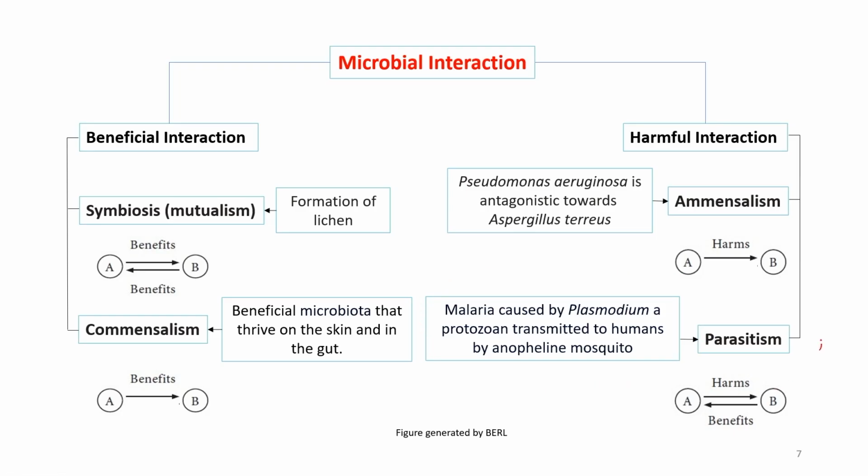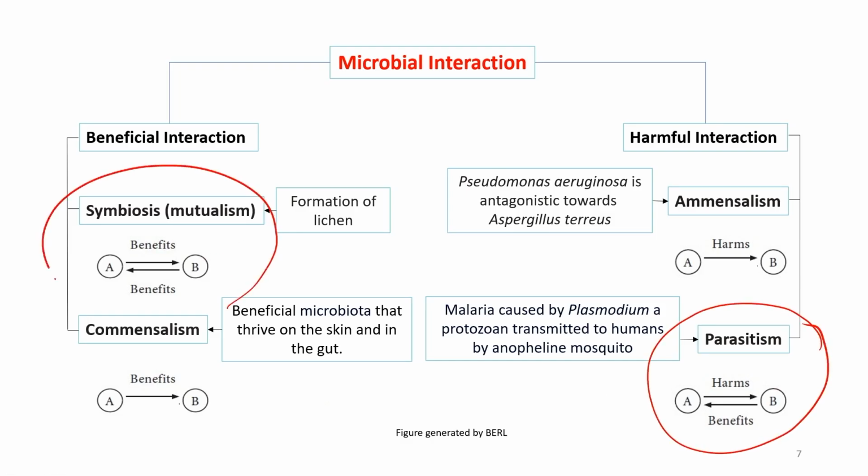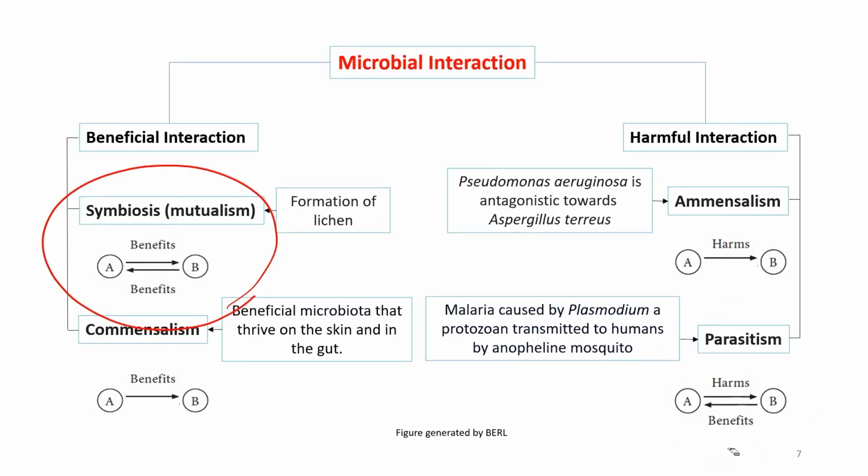So, we have to observe parasitism and symbiosis a little bit keenly, where symbiosis is a case where both the organisms are benefited, but in parasitism one organism is benefited while the other is harmed.